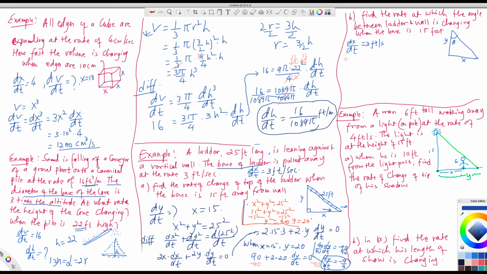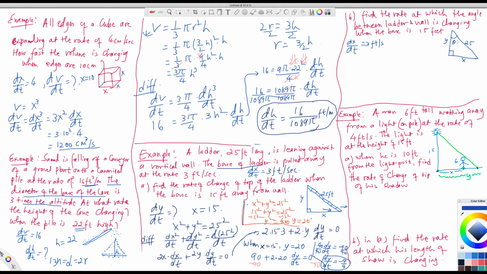We need to use the relationship between y and x. What trig ratio relates y and x? By the way, there is a right angle triangle there, right? The hypotenuse 25 is given. The rate of change of x is given.